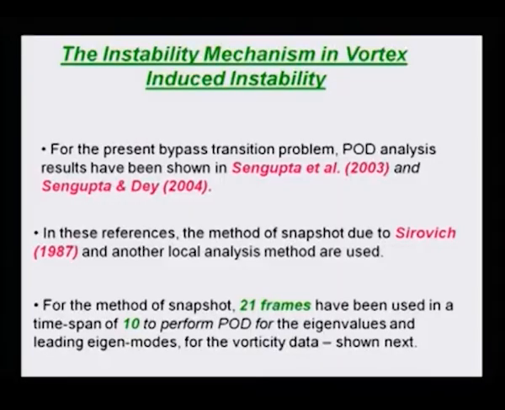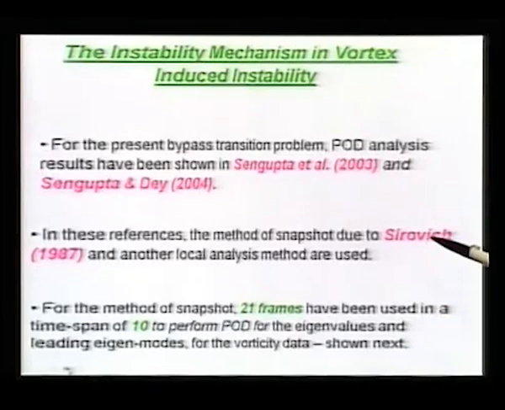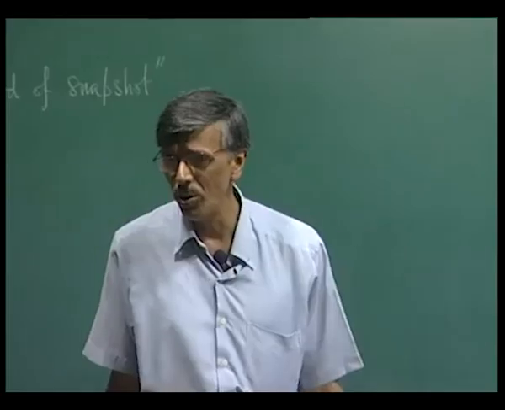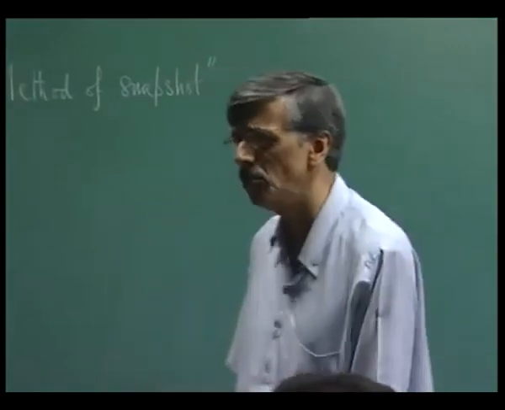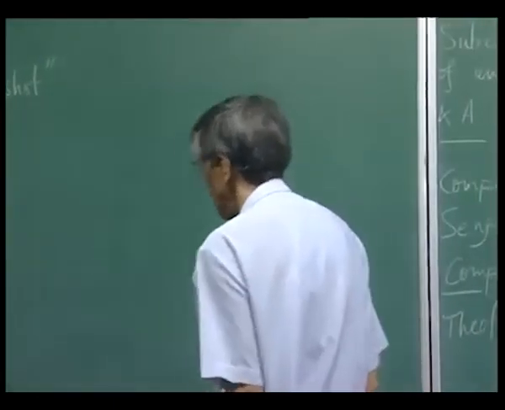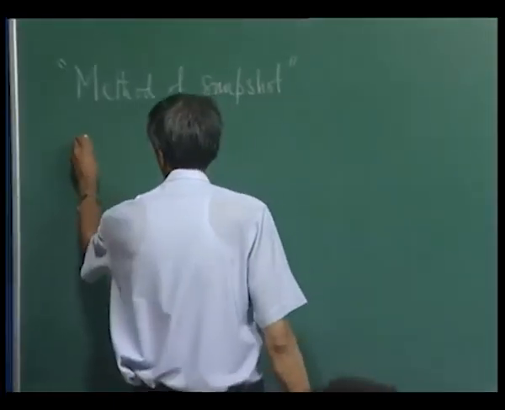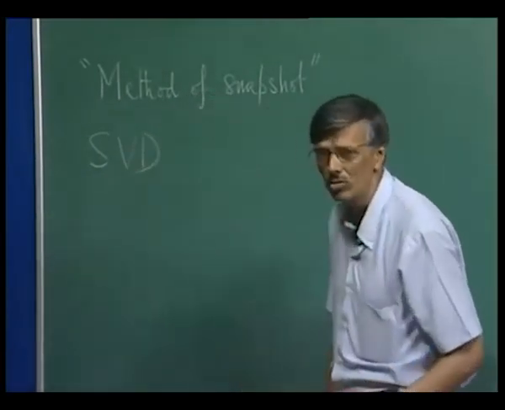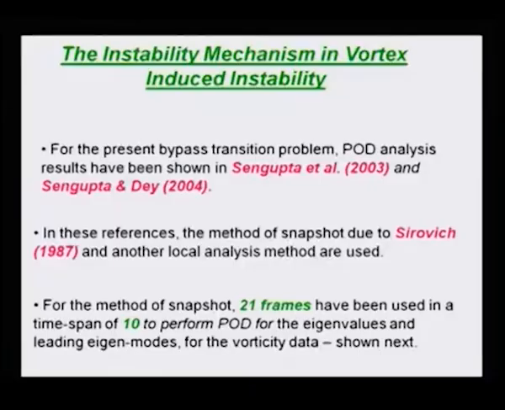And as I told you, in these we have not only used the method of snapshots by Sirovich, we also used something akin to singular value decomposition. In linear algebra, you may have heard of singular value decomposition techniques. So, this is essentially used.